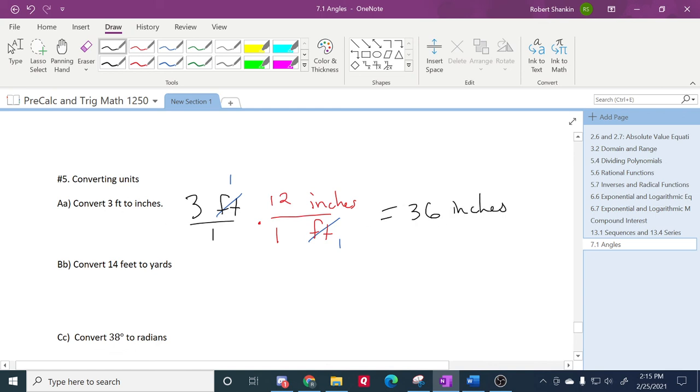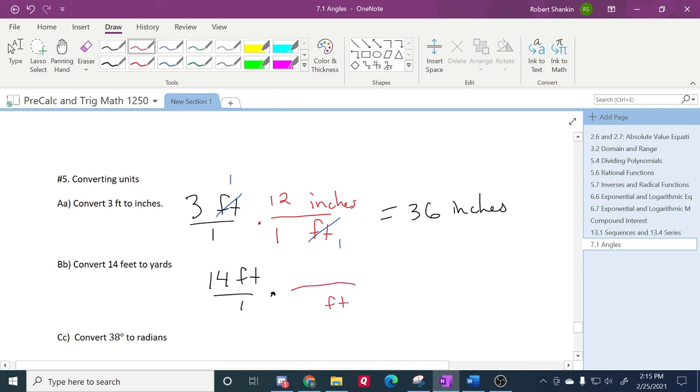Now, we don't often convert 3 feet to 36 inches this way. We just say, oh, you just multiply by 12. But when the conversion gets hard, this is the way you do it. So if I was doing 14 feet, and I was converting it to yards, I might accidentally multiply by 3 instead of dividing by 3. This method guarantees that I do it right.